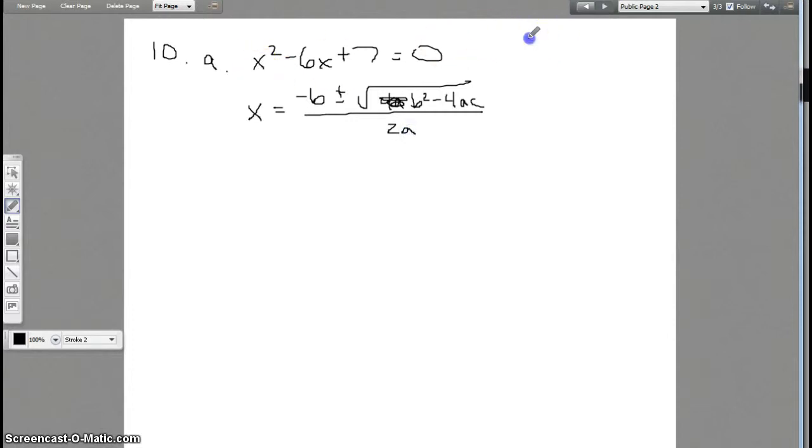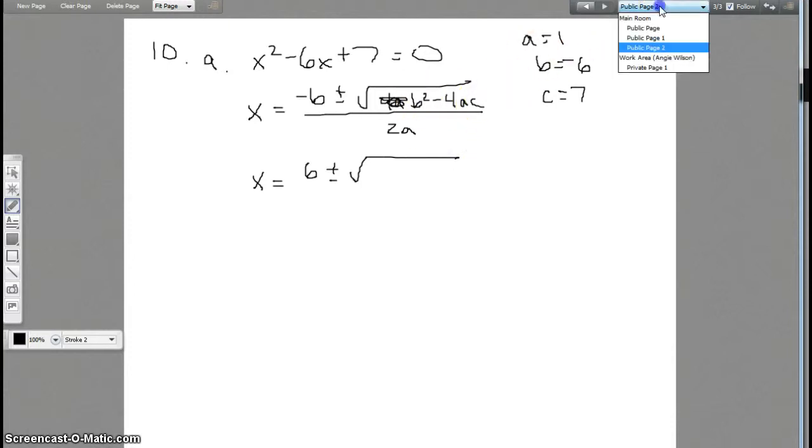Remember that our a is 1, our b is negative 6, and our c is 7. So we can plug those numbers in here, and we have x equals negative b, the negative of negative 6 is a positive 6, plus or minus the square root of b squared minus 4ac.